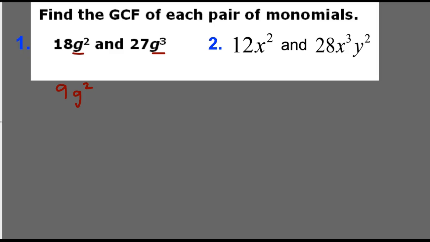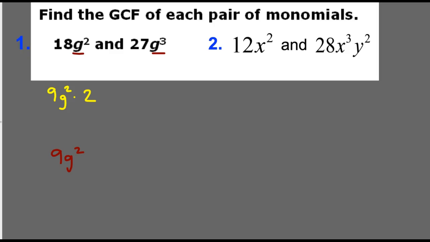All right, I'll show you just a little bit more on that, a little bit of how and why. Let's say we break up 18 into 9g squared and something else. What else do I need to multiply 9g squared by to get 18g squared? 9 times 2 is 18, and g squared times 2 is 18g squared, right?